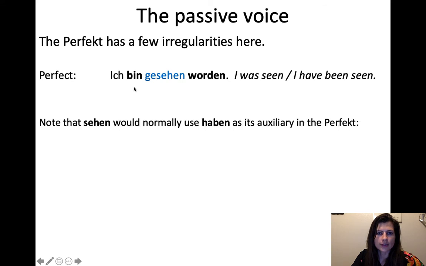So what's happening is we look at sehen, right? We want to get the past participle of sehen, which is gesehen. That's easy enough, right? And we note that sehen would normally use haben as its auxiliary, as its helping verb in the perfect. So you would say, ich habe gesehen, I have seen.